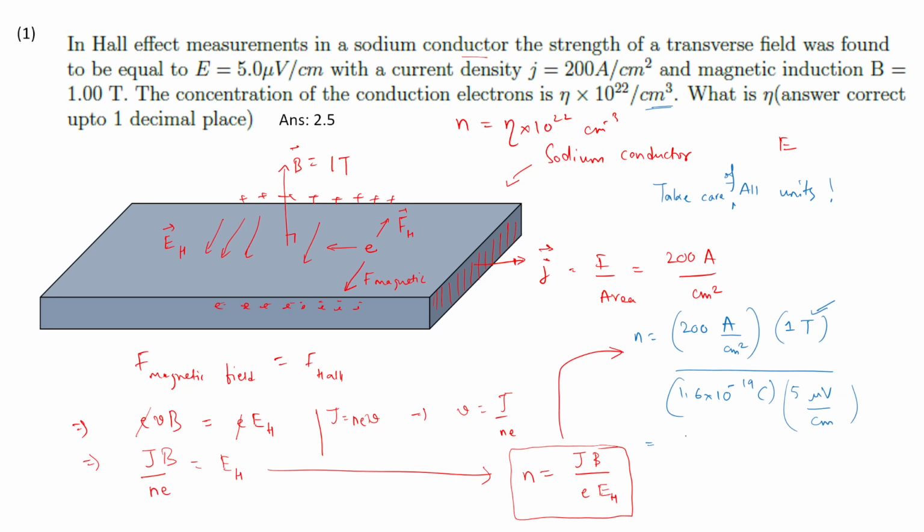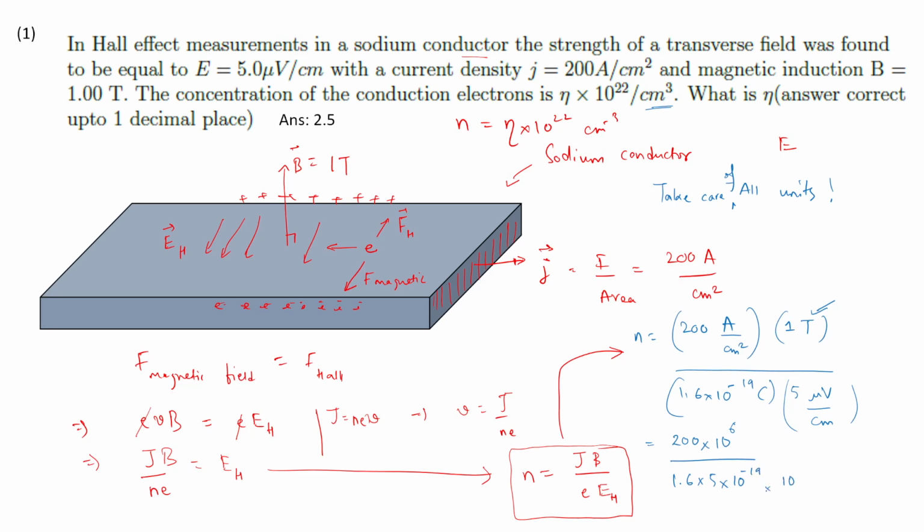If we convert into meter, it will be 200 into 10 to the power 6 ampere per meter square. Since it is in SI unit, it is fine, and it is 1.6 into 5 into 10 to the power minus 19.